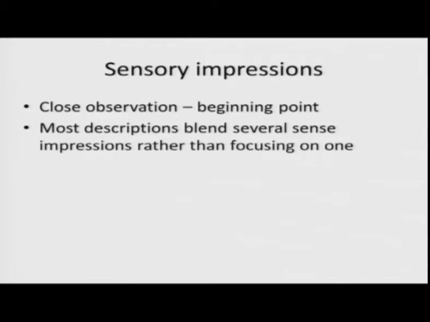Now, sensory impressions. As key events are very important for a narrative, sensory impressions are for a description. In the example we saw that there are sensory impressions from all 5 senses: seeing, touch, smell, auditory and so on.